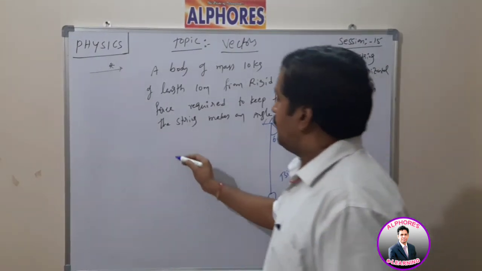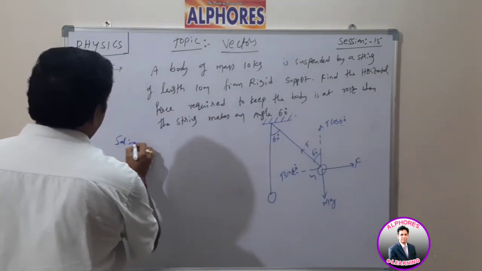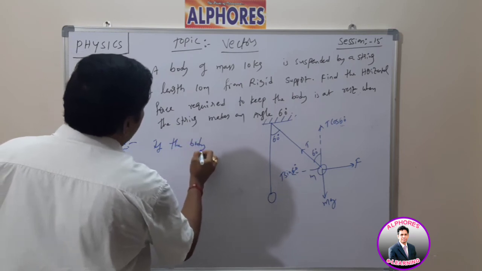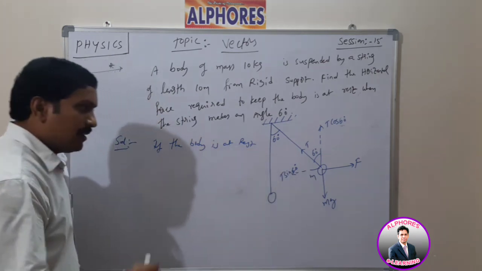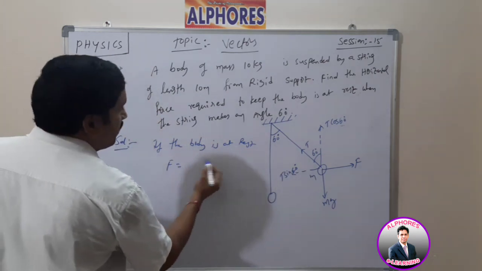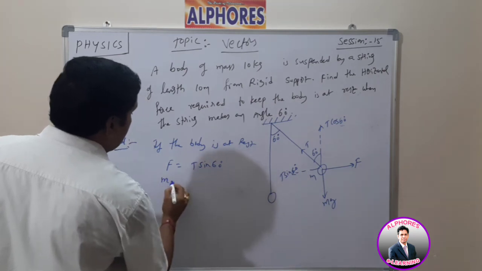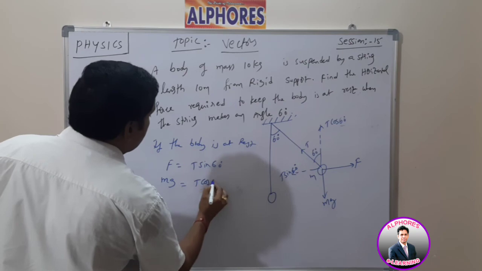Now listen carefully. In this case, what are the forces? Solution: if the body is at rest, what are the conditions here? F is equal to T sin 60, and mg is equal to the downward force, T cos 60.